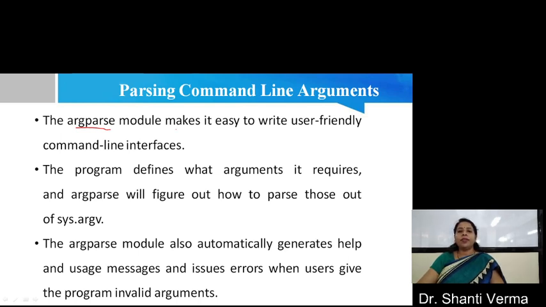The program defines what arguments are required, and argparse will figure out how to parse those from the sys.argv list. The argparse module also automatically generates help and usage messages and issues errors when users give the program invalid arguments.